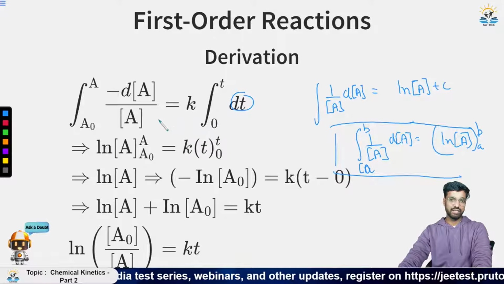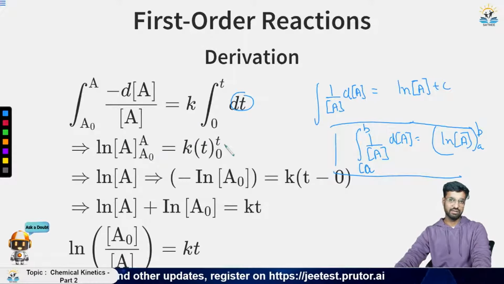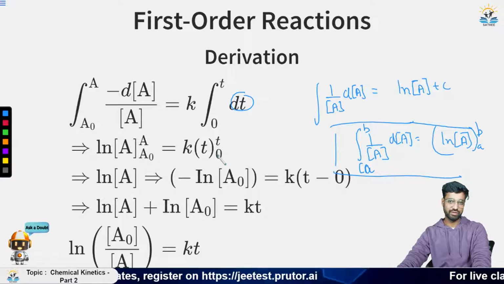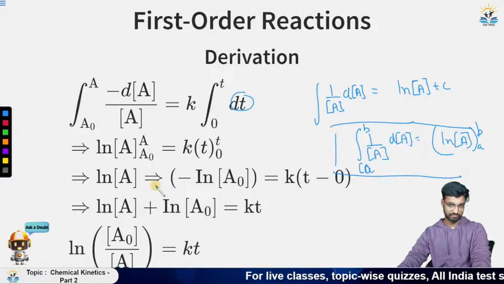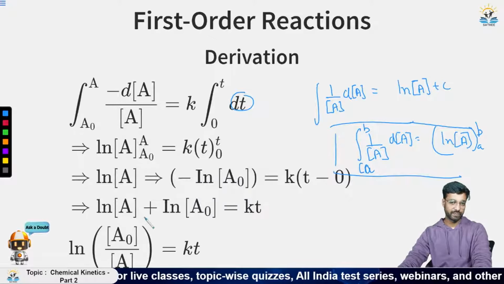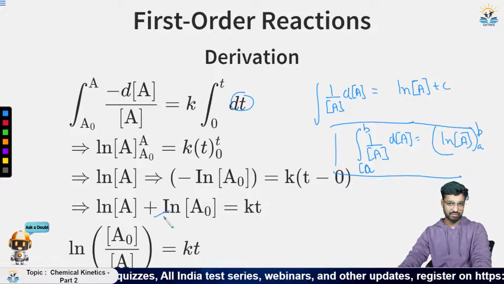So what we have remaining is that we put the values of a naught and a. Similarly for time we have from 0 to t. If you put it here, it will be ln a minus ln a naught, and it will equal kt. Then minus and minus will give us this one, that is ln a naught by a t equals kt.